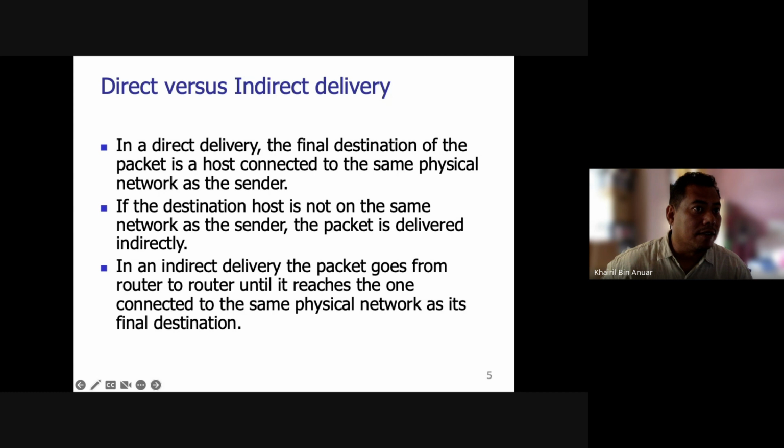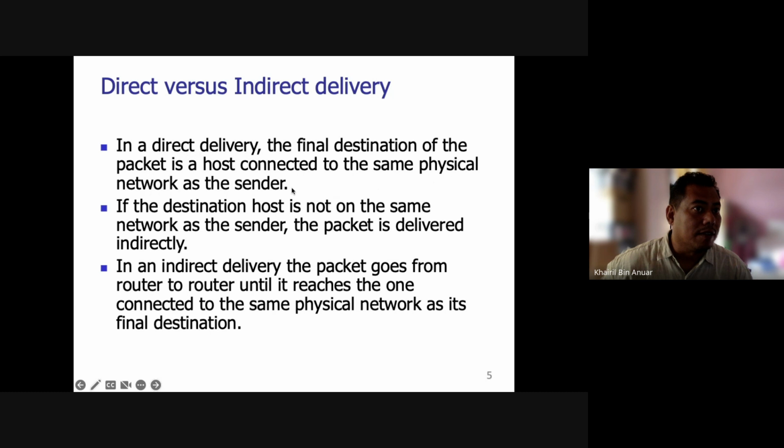Here, in a direct delivery, the final destination of the packet is a host connected to the same physical network as the sender. So for a direct delivery, it means that you are attached to the same network physically.